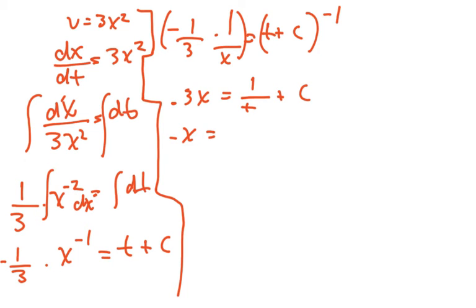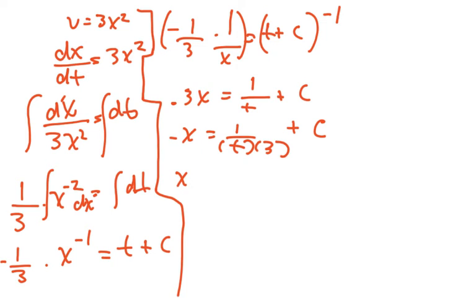So we have negative x is equal to, and then let's divide everything by 3. So we have times 3. Once again, the constant is just the constant, so we don't care about it that much.